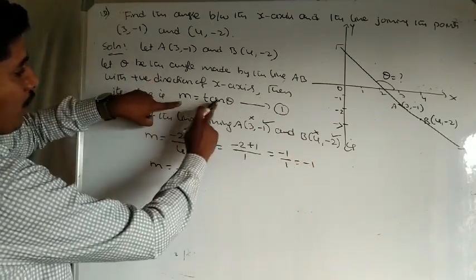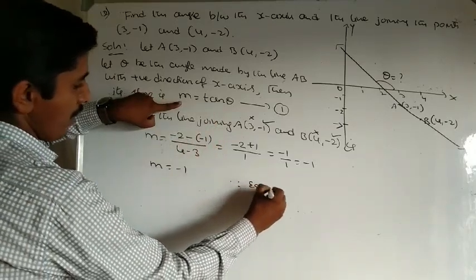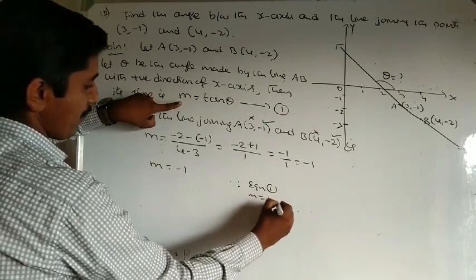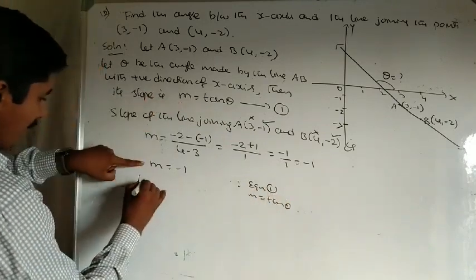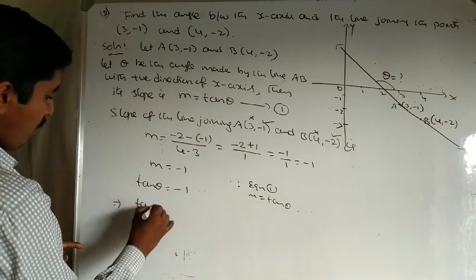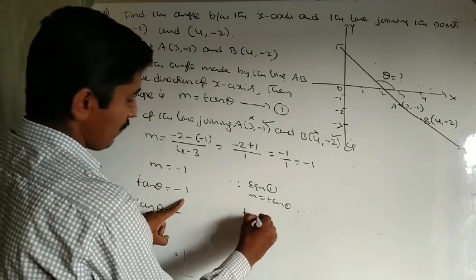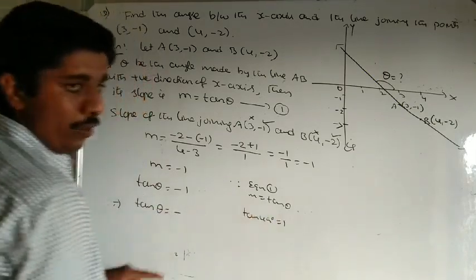From equation 1, m equal to tan theta. Substitute here m equal to tan theta. So tan theta equal to minus 1. Correct. Here we have to find theta value. Minus 1, tan 45 degree equal to 1.